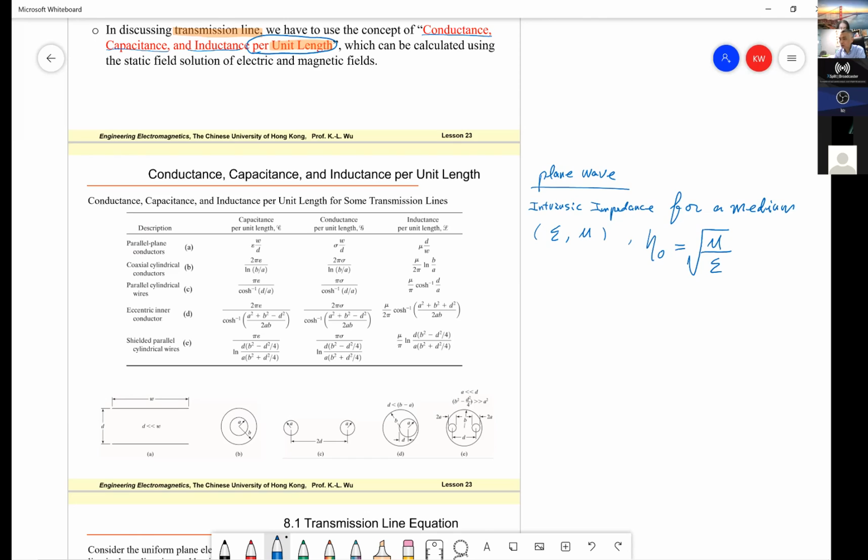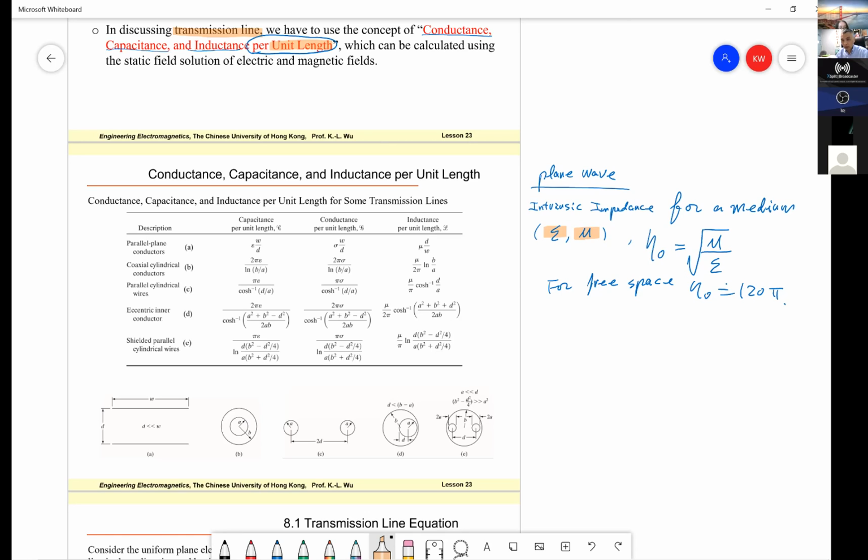For free space, it is approximately 120 pi, okay? So that is the intrinsic impedance that is only determined by the medium, only determined by permittivity and permeability. It has nothing to do with your antenna, right?